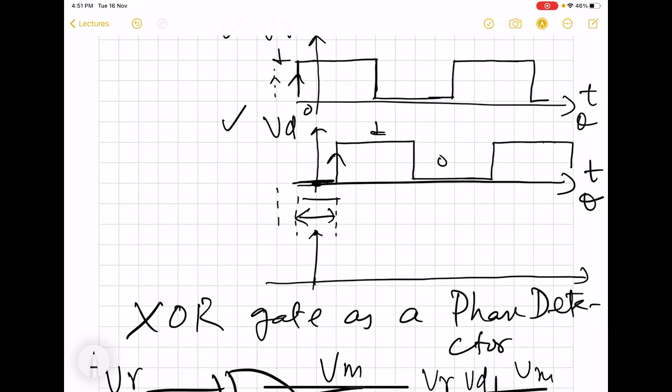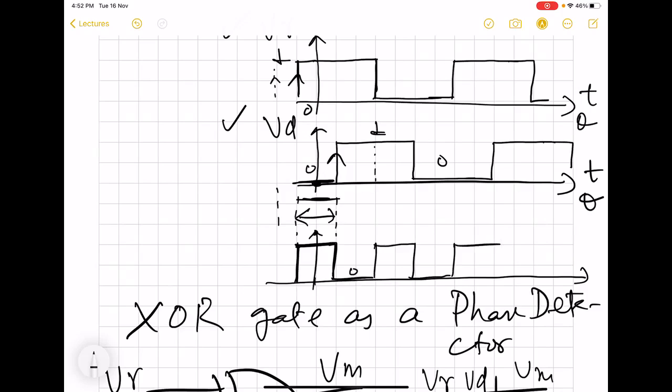Over this duration, one of them is 1 and the other is 0, so we are going to get high for this portion. And then for this much portion we are going to get 0, and then again high, and so on and so forth.